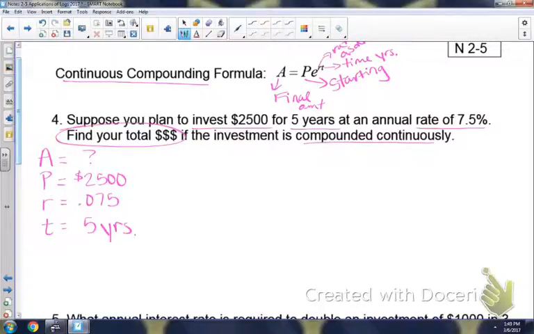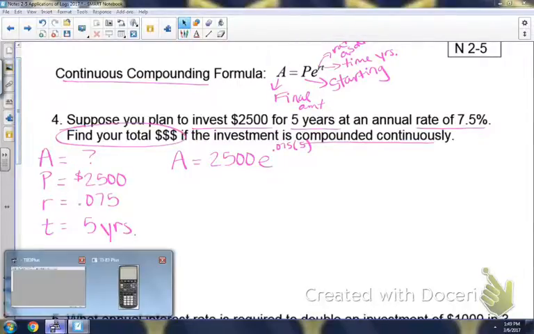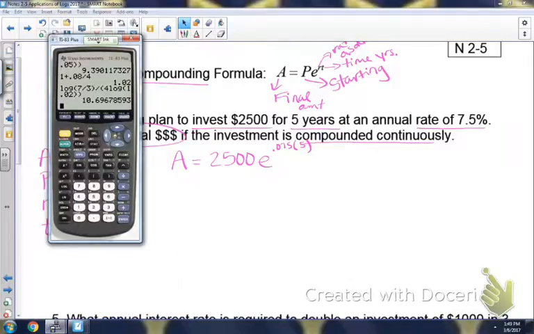So this one's pretty easy. We're just plugging in. E to the 0.075 times 5 power. So we're just typing all of that in using the E button on the calculator. So we have 2,500.